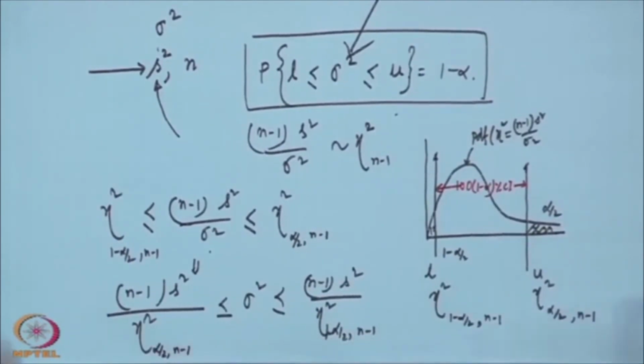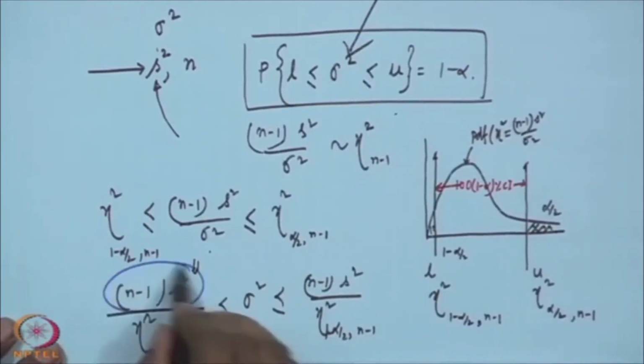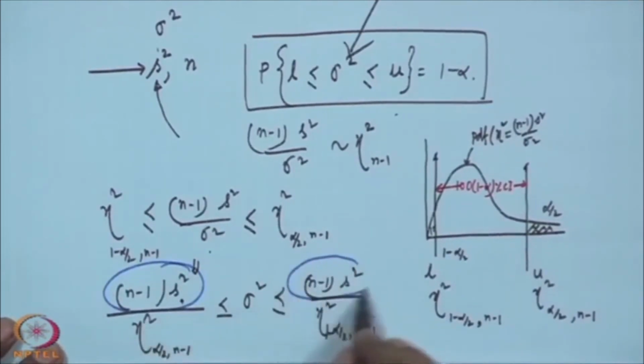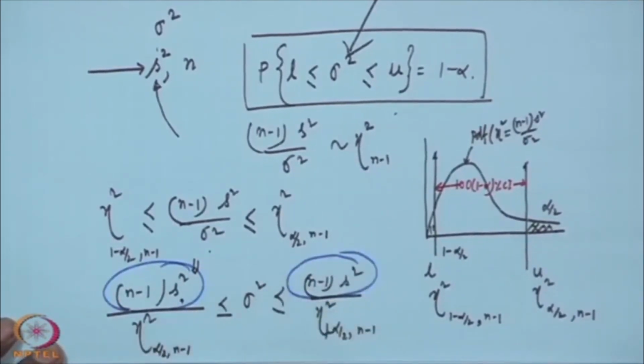You see, the numerator here is n minus 1 into s square, and here also n minus 1 into s square, the same quantity. The difference is in the denominator, chi-square alpha by 2, n minus 1.